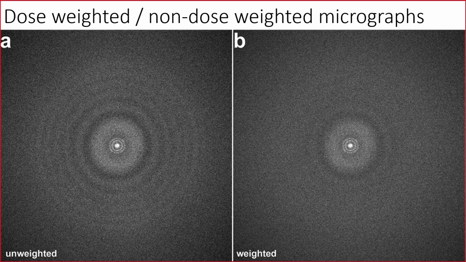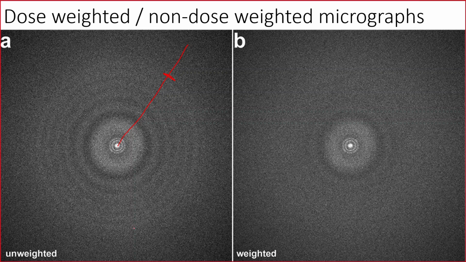Now, if we go back to our motion correction, we said that we have an ability to export not only the dose-weighted but also the non-dose-weighted micrographs. And the reason for that is that on non-dose-weighted micrographs, we have a very nice representation of all the frequencies that we have in our data, also the high frequencies. These high frequencies are not down-weighted. So you can see also the high frequency information there. Yet, this might of course be burned information.